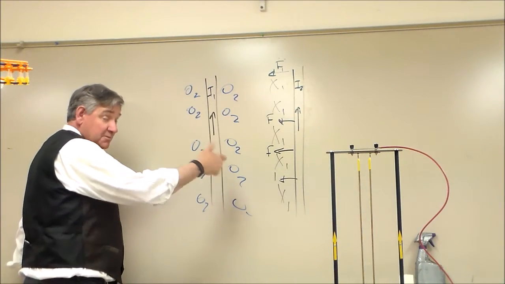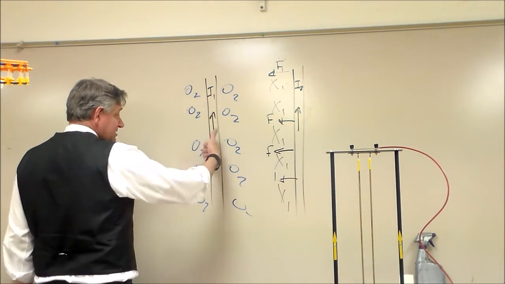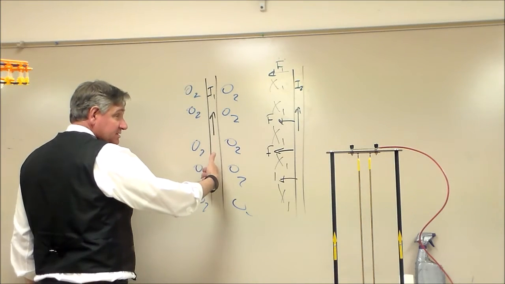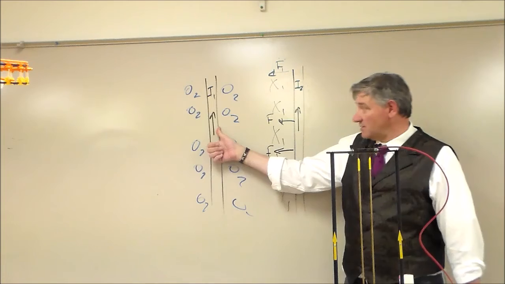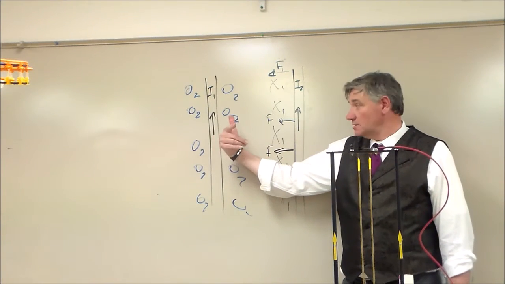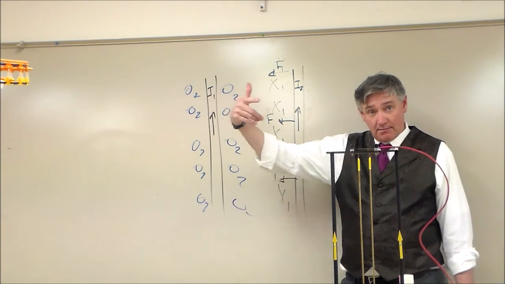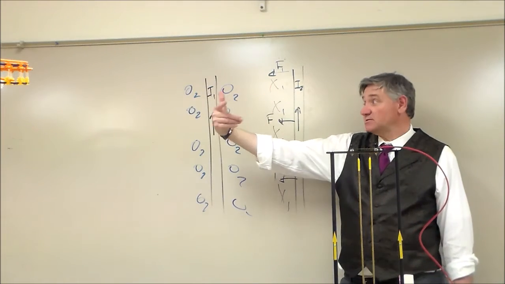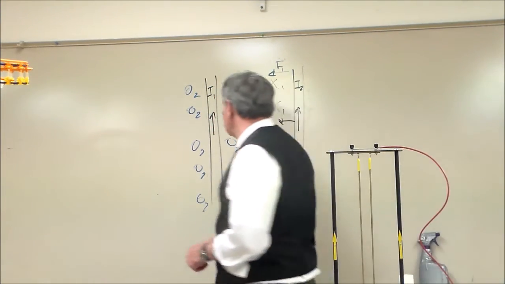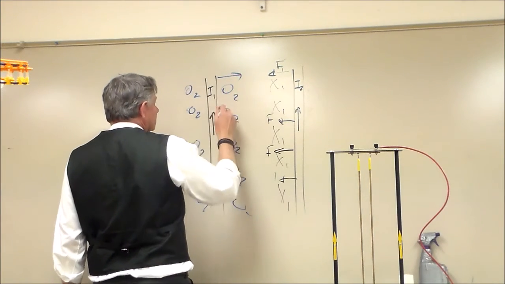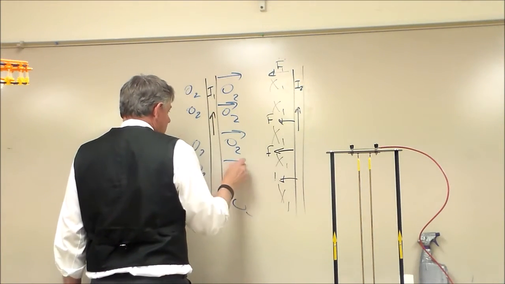Now we're gonna do the second right-hand rule. It goes up, but the magnetic field is coming out of the page. I'm gonna go like this, and then I'm gonna point my fingers. So the force is gonna be going in.